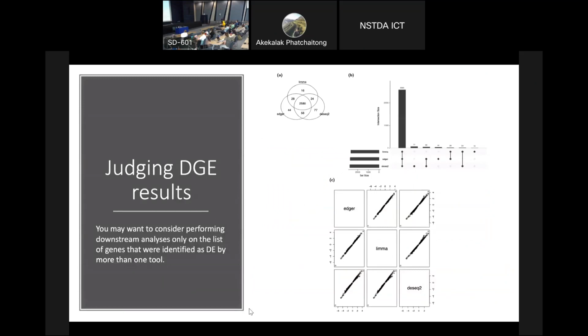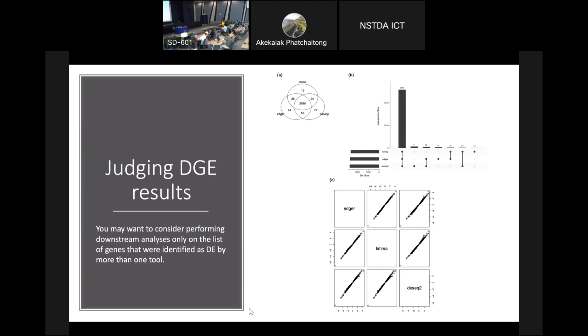Now, here's another thing. Judging your DEG results, if you have results from one software, should you just take that and move on? You could do that, although it's highly recommended that you run this with multiple software and take the consensus of those software. So for example, here, you do see some differences in the results from Limma, DESeq, and edgeR, and you do see something that's common that intersects all the three.